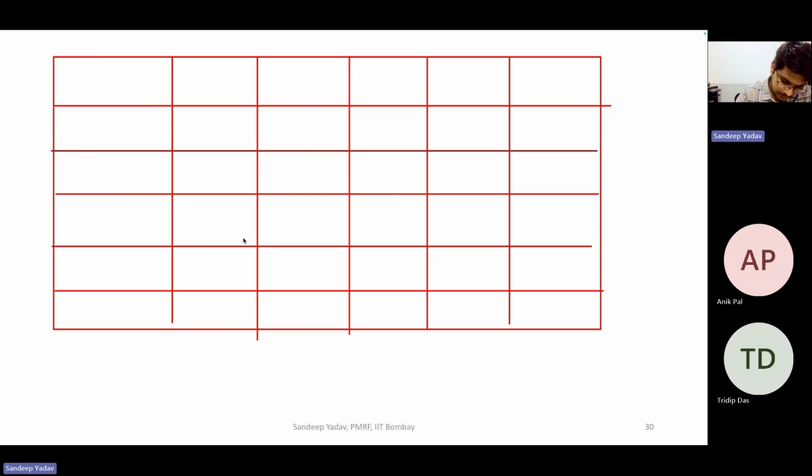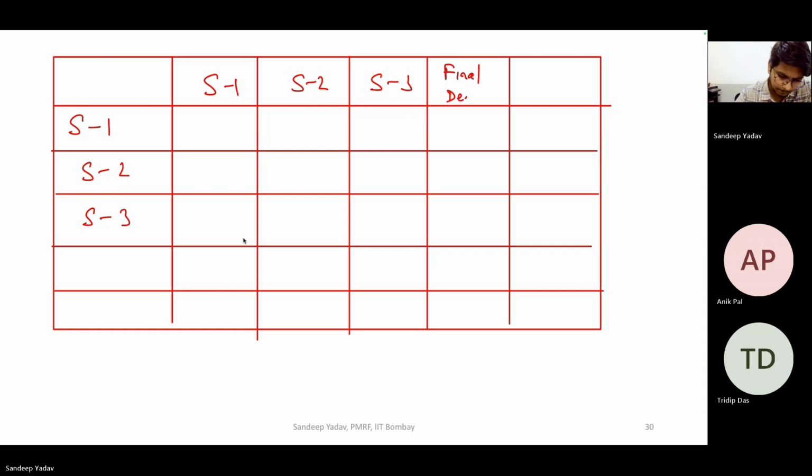So when we write, this is S1, sector 1, this is sector 2, this is sector 3, this is S1, this is S2, this is S3, this is final demand, this is total demand. These are the factors, and this is the activity level.